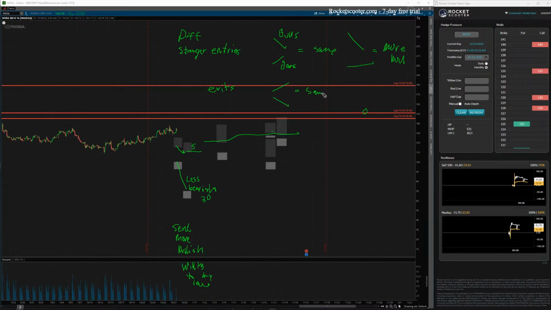Okay, same. So if you have this really strong move like this and this really weak move right here, then you can see that longs are exiting faster than shorts are covering. So it's more bearish. Okay.